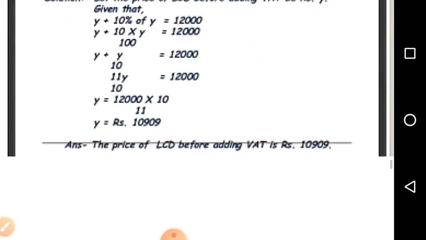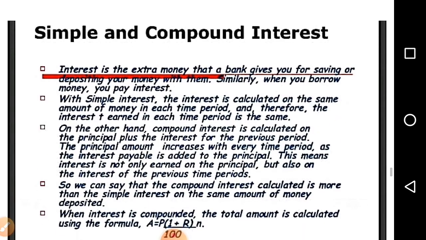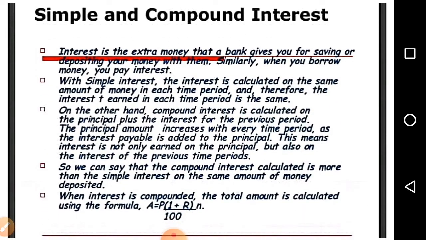Now moving ahead, this is the last but important topic, simple and compound interest. Now first of all, what is interest? The extra amount that you pay in the bank is called interest. Interest is generally used by the banks.